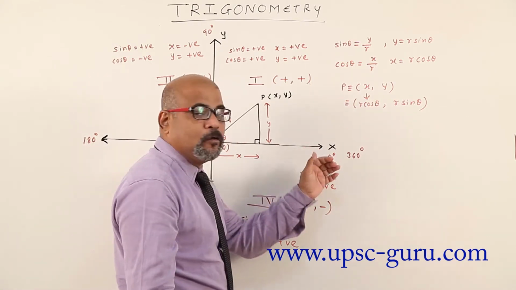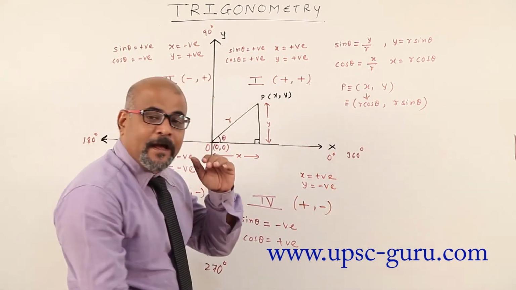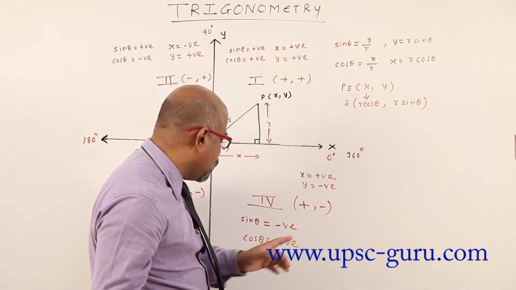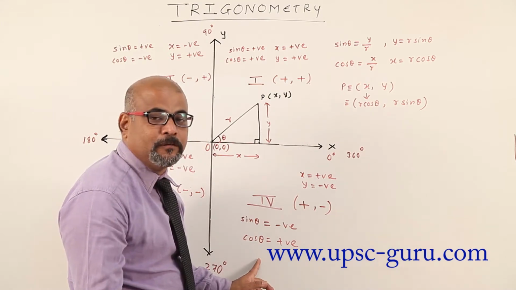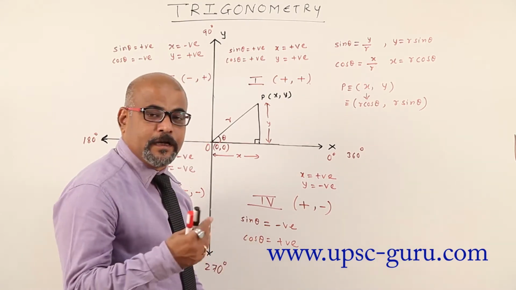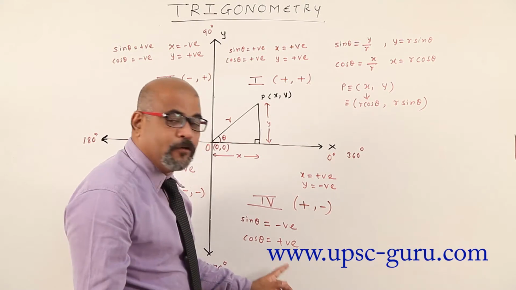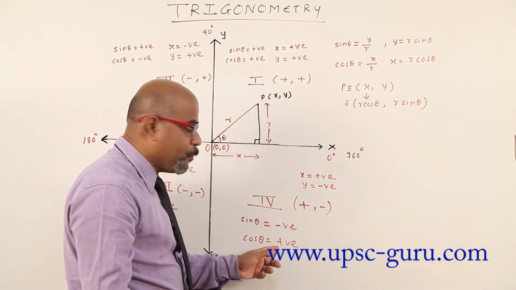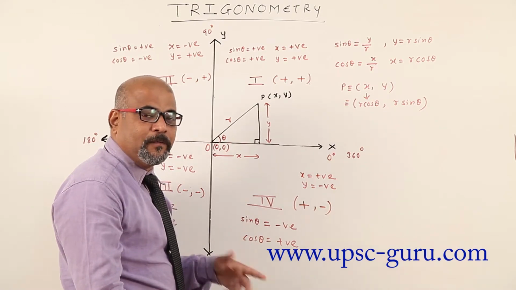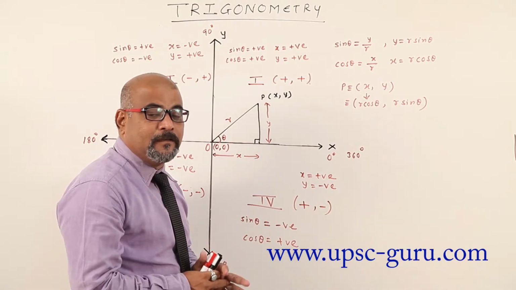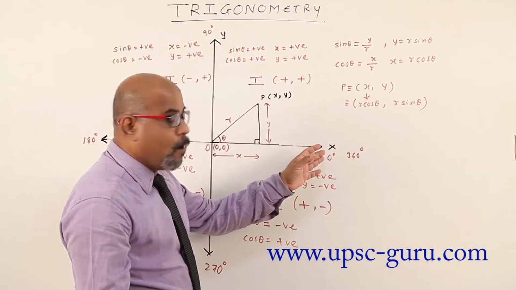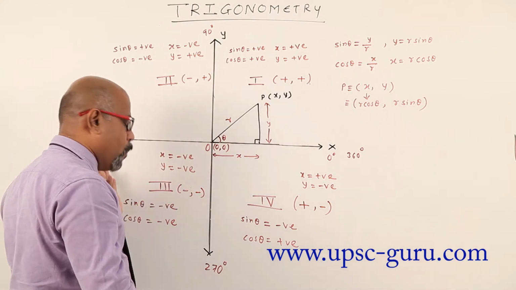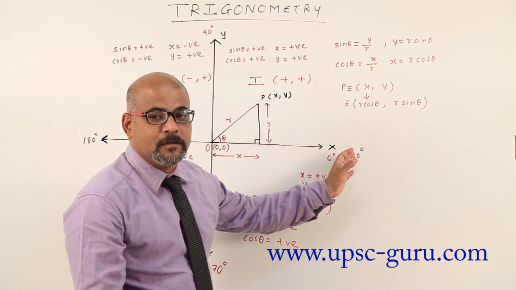When we move further towards the fourth quadrant, that is when our angle is between 270 degree to 360 degree, let us check what we get. Sin theta negative, cos theta positive. Sin negative means cosec negative, cos positive means sec positive. Sin upon cos gives us tan, minus upon plus is minus, tan negative, that means cot also negative. These are all the values of trigonometric ratios between 0 to 90, then 90 to 180, 180 to 270 and 270 to 360.